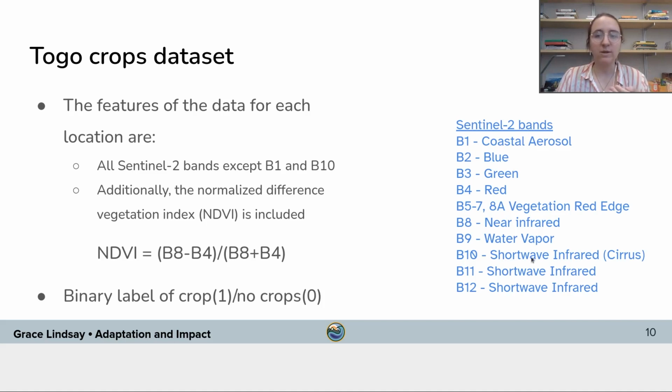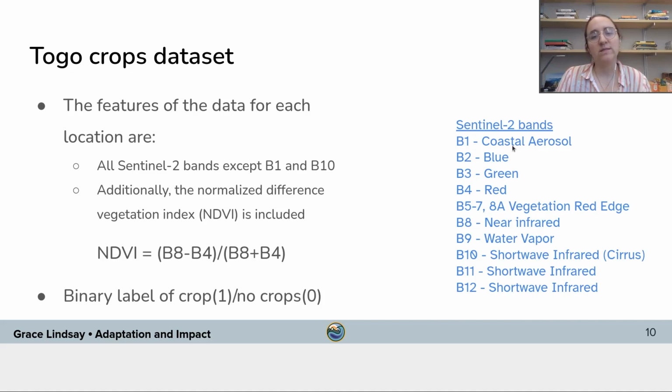These are all the spectral bands that Sentinel-2 has, and the different bands have different purposes. They contain different information. B1, the coastal aerosol band, and B10, shortwave infrared, are considered more appropriate for studying clouds and aren't that helpful for understanding what's happening on the land.